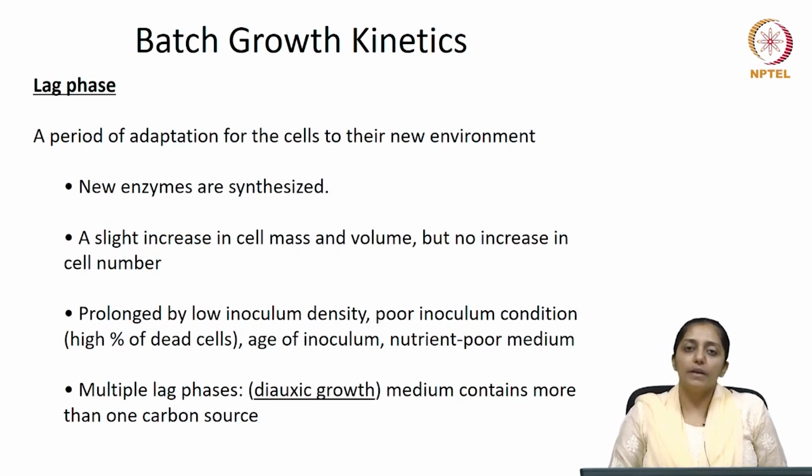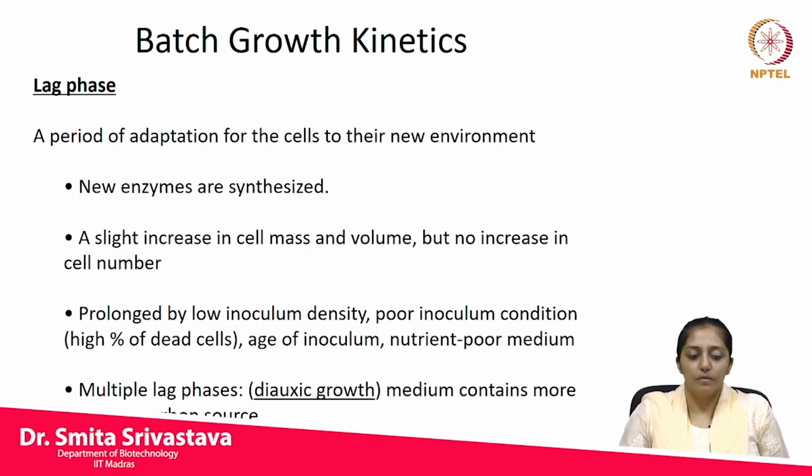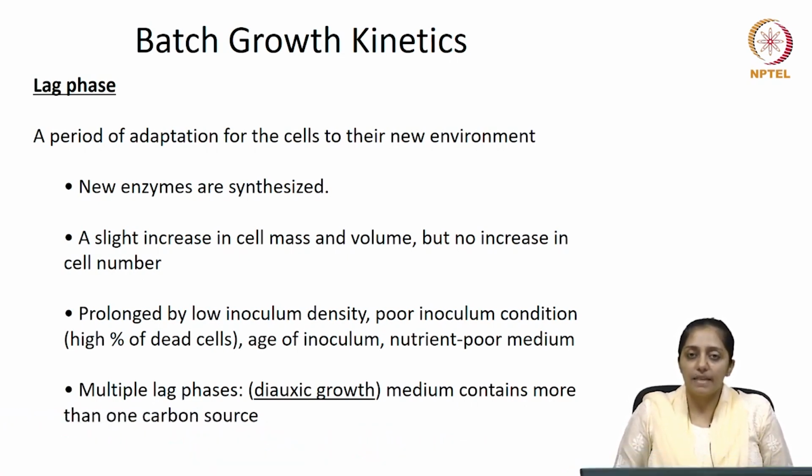Now, let's try to know a little more about the key phases in the batch culture growth curve. The lag phase, as I said earlier, is a period of adaptation for the cells to their new environment. You remember the lecture where I spoke about a schematic with a seed fermenter, and I said seed means the starter culture.